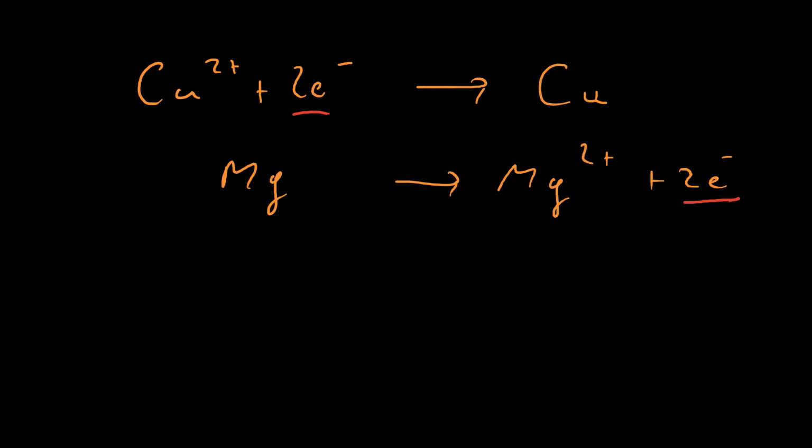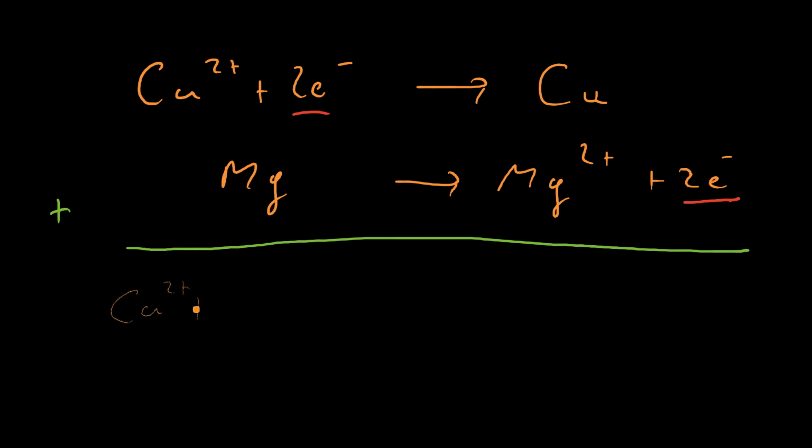Now, how do I form, finally, the ionic equation? Well, the ionic equation is formed by adding these together, right? So, if I add those together, and I'm going to write this underneath, I'll write it lightly. You've got Cu2+ + 2e- plus Mg, right?